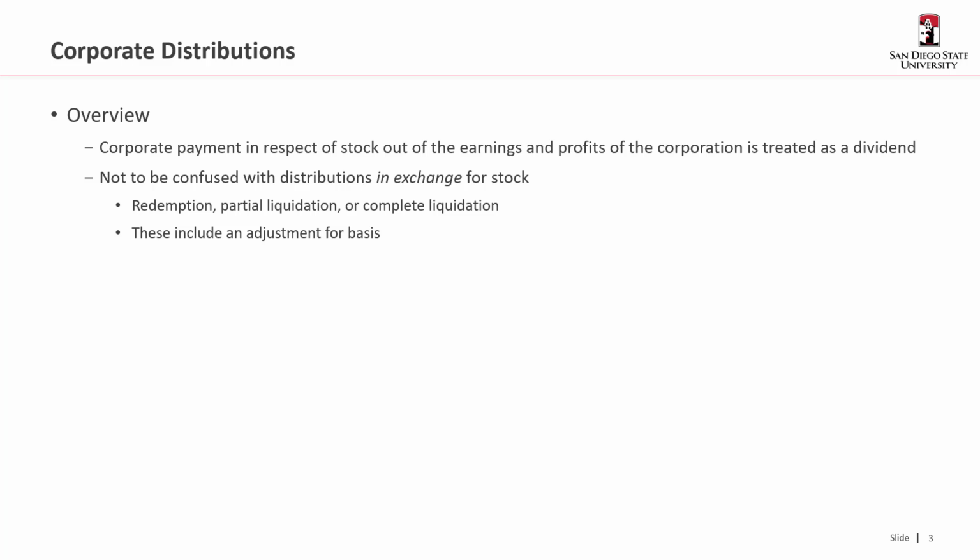Setting the stage for some of these future chapters, understand that dividends are evil, right? From the perspective of a closely held corporate owner, a dividend is often a bad way to get your money out. There's no deduction at the corporate level. There's no adjustment for basis, which means you don't get any sale treatment for it.